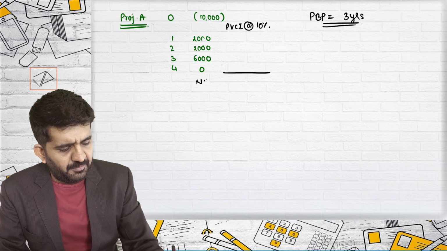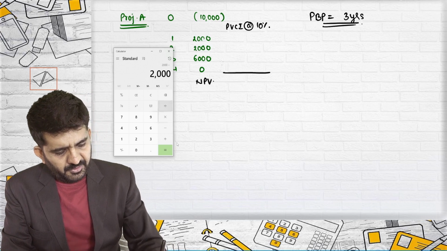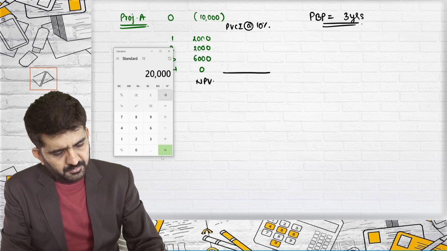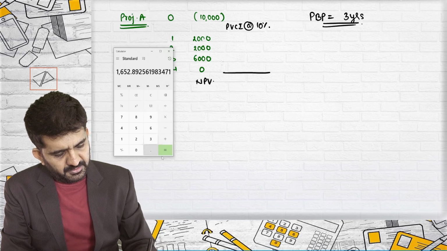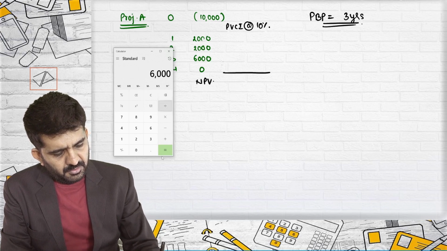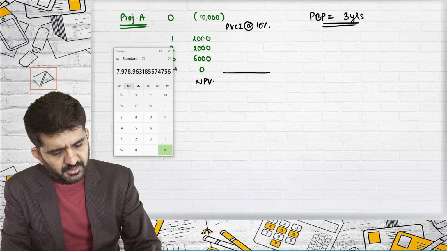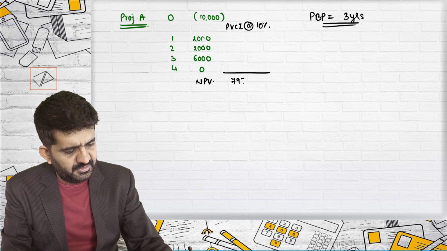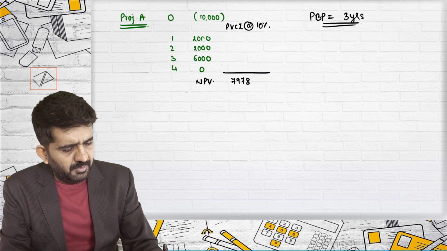I can directly find it out on my calculator using M plus. 2000 divided by 1.1 is equal to M plus. 2000 divided by 1.1 is equal to M plus. 6000 divided by 1.1 is equal to M plus. MRC is 7978.